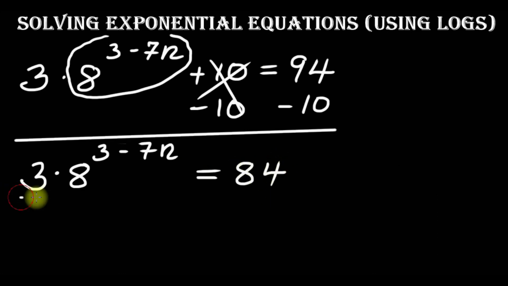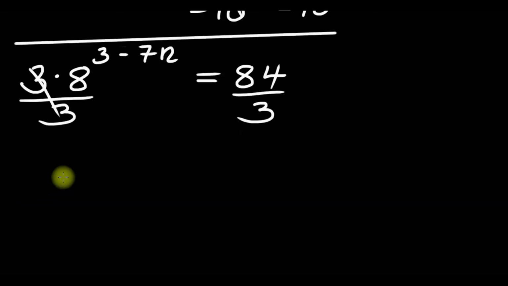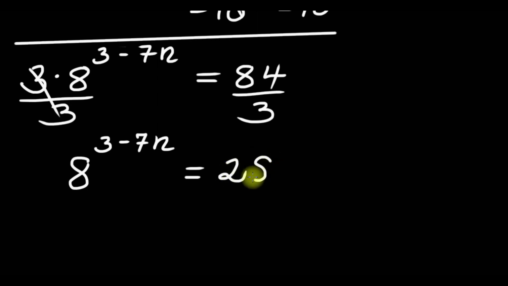And then divide by 3 on both sides. So these are gone, and I have 8 to the 3 take away 7n is 84 over 3, which is 28.